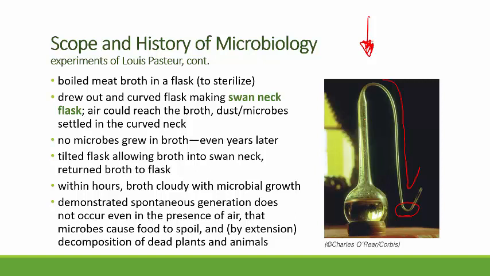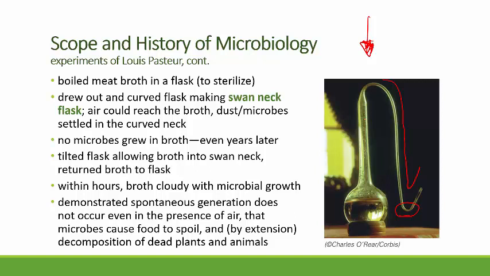What he found was that even years later, and at the Pasteur Institute they still have some of his swan neck flasks, they are just as fresh, well, fresh might not be the right word, but certainly uncontaminated as they were when Pasteur made them back in the late 1800s. So he showed that even with access to air, the broth would not become contaminated with microbial growth.